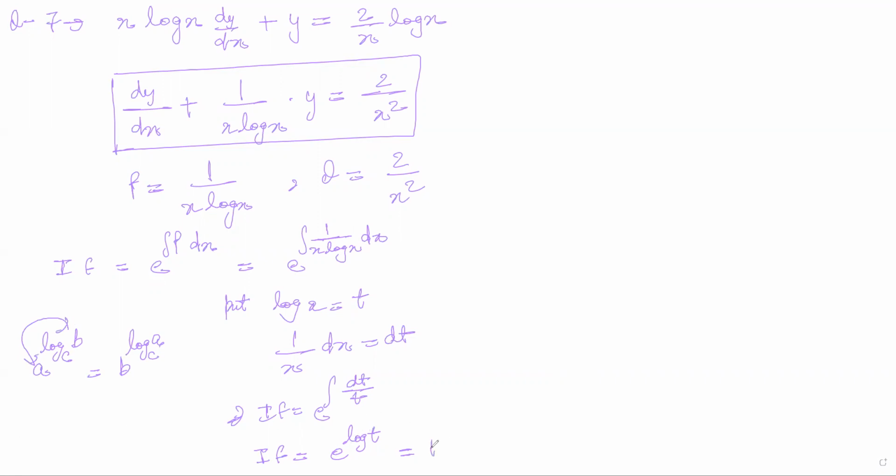This will become t to the power log e. So this will happen most of the times. Like a perfect question should be like this, in which this e gets resolved. In most of the questions, you won't get this e, because log e is nothing but 1. So this is t. And you know what t is? T is log x. So your integrating factor in this case is log x.